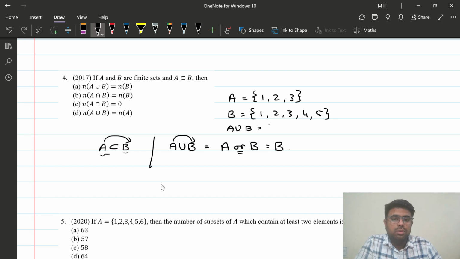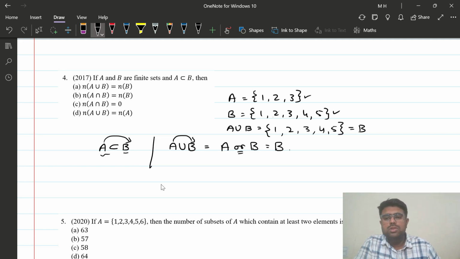A union B is going to be the set of all elements which are either in A or in B or in both. 1 is in both, so I'll include it. 2 is in both, I'll include it. 3 is in both, I'll include it. 4 is only in B, still I include it because it is either in A or in B, right? 5 is also in B, I'll include it. So it is going to be B. So I can make out a property here: if A is a subset of B, then A union B is equal to B, right?